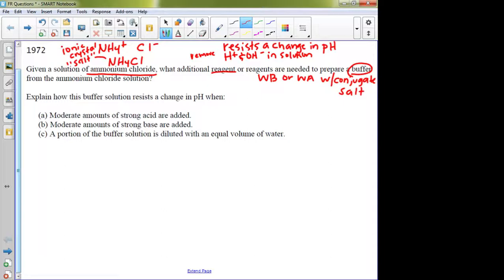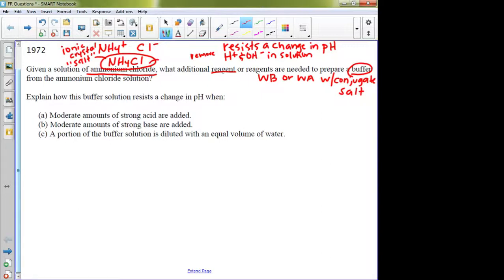Okay. So let's talk about this. So this, the ammonium chloride, is obviously my what? The salt, right? We just talked about this.